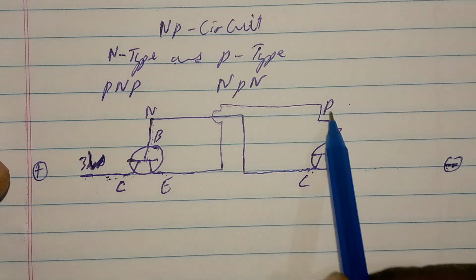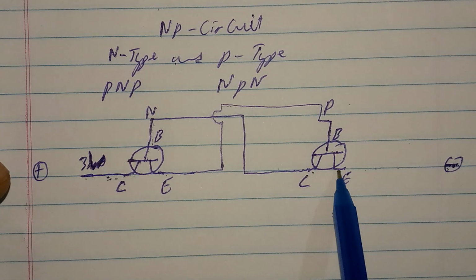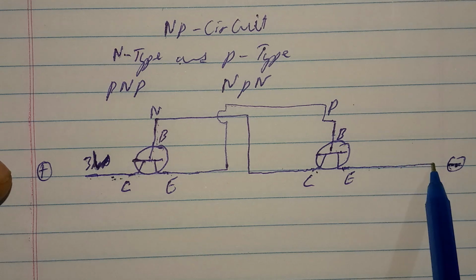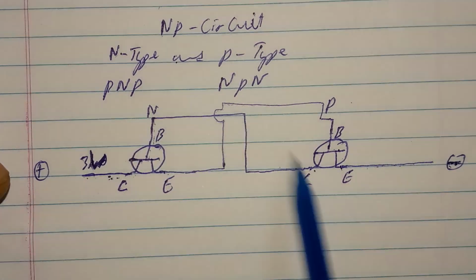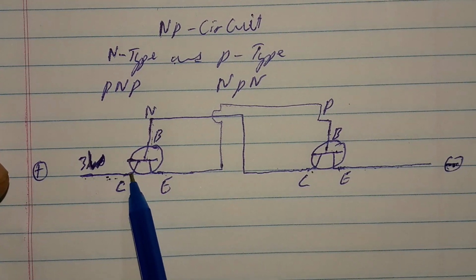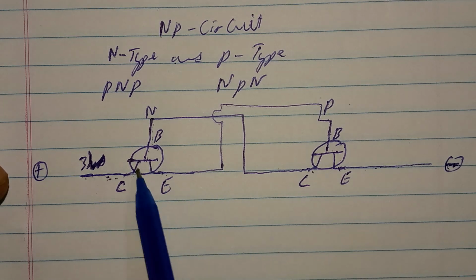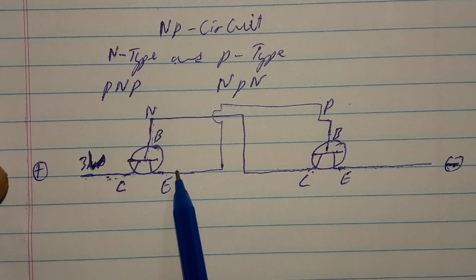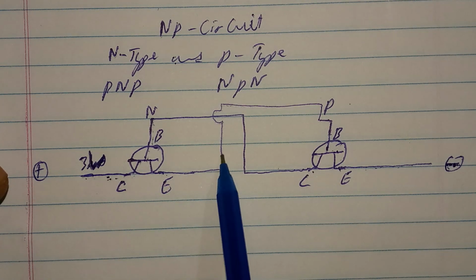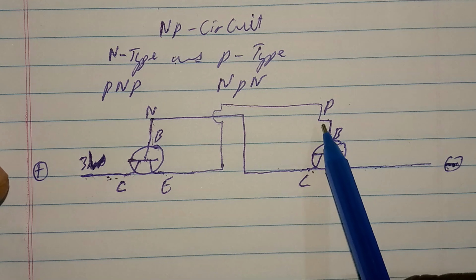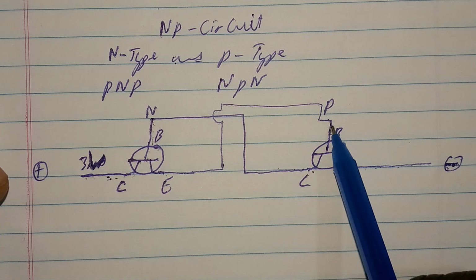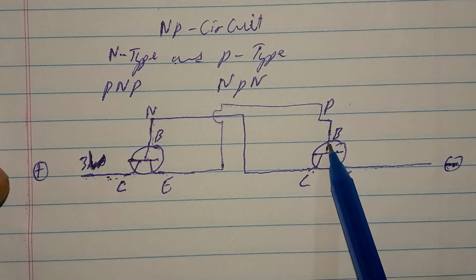Because there is a base voltage here, it will still move into this direction to the negative. And when that happens, there is also going to be a voltage moving into this direction, meaning the transistor will be switched on. And this voltage that is flowing here will be used to input a base voltage here.